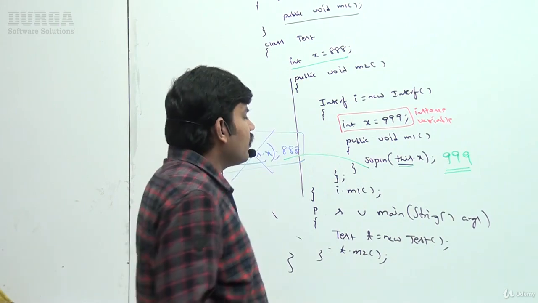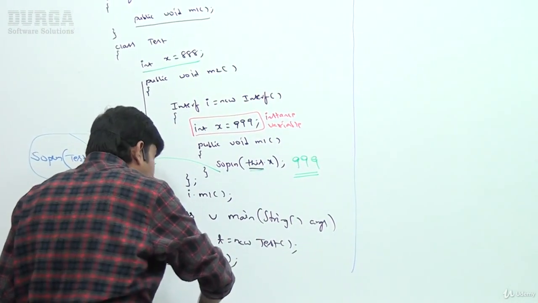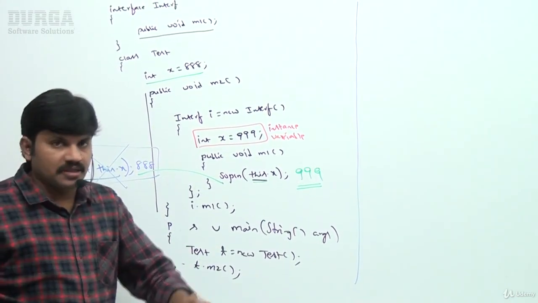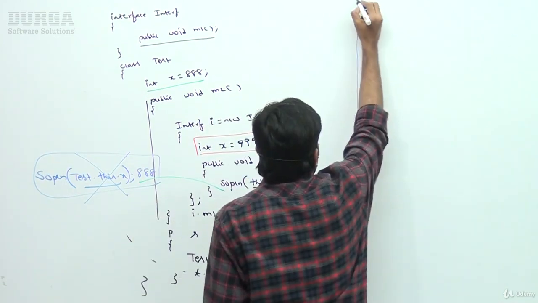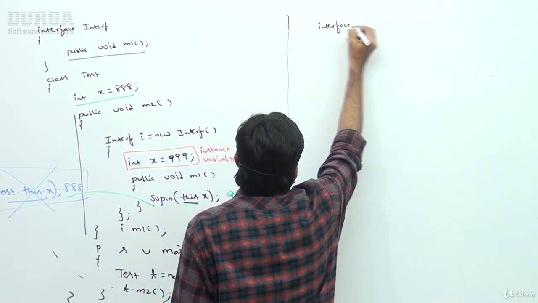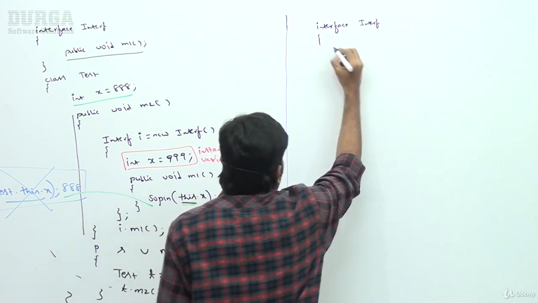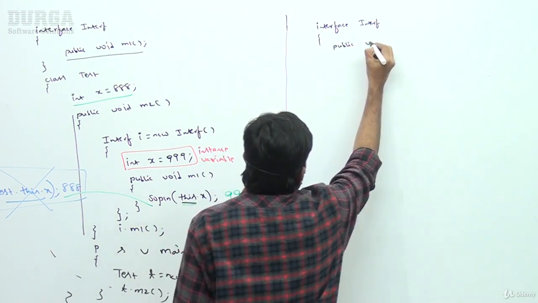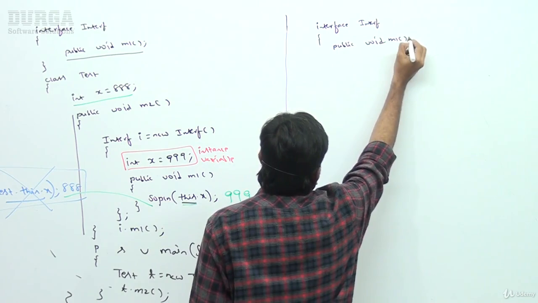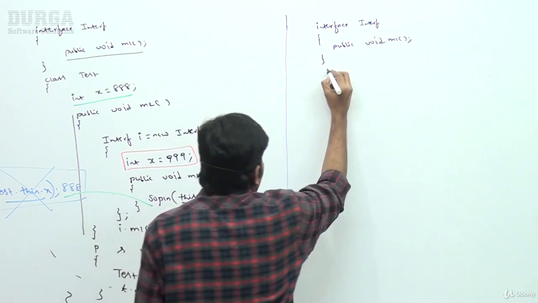Now let me explain the same thing with lambda expressions. Here, same example. Interface I, public void m1 method is there, sir.